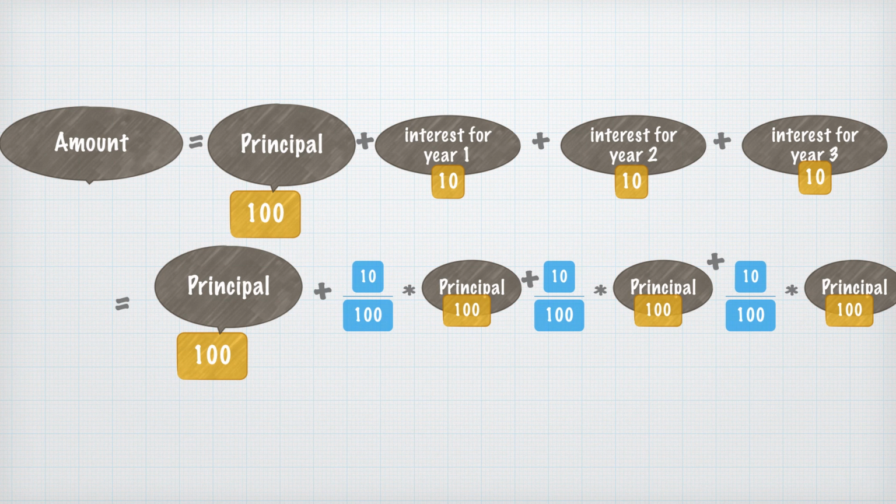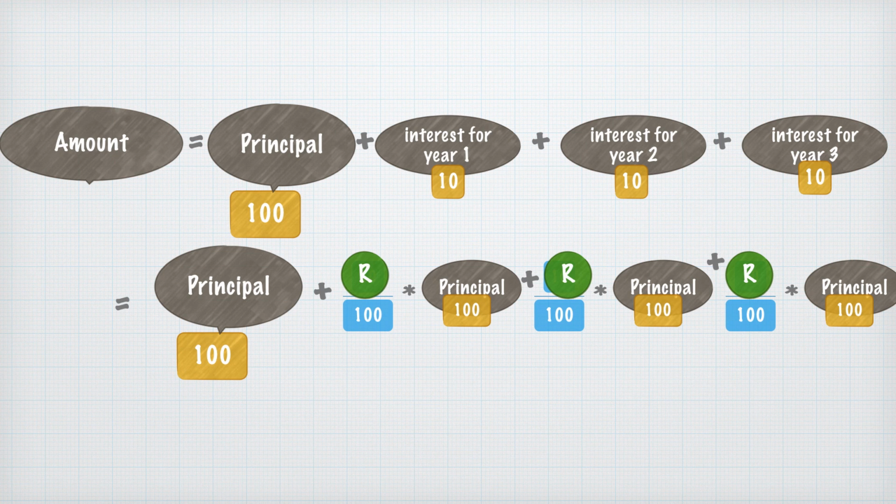We want to come to a general formula from this specific example. So instead of 10, can I say R% or R by 100 of the principal for the first year, R by 100 of the principal for the second year, and R by 100 of the principal for the third year. If in a question the rates were different for every year, I could have changed this formula to R1 plus R2 and R3, R1 being the rate in the first year, R2 the rate in the second year, and R3 the rate in the third year, right?